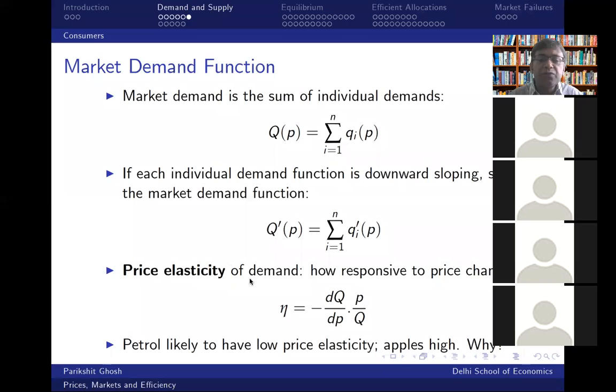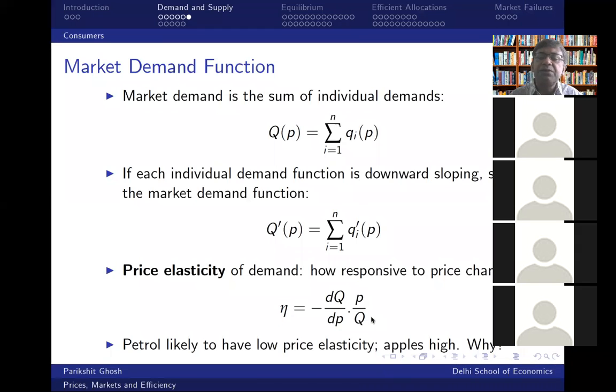Now, that's where the concept of elasticity comes in. So price elasticity of demand is, this is the definition. Think of it this way, right? I've written it in a particular form. Think of it as dq divided by q in the numerator and dp divided by p in the denominator.